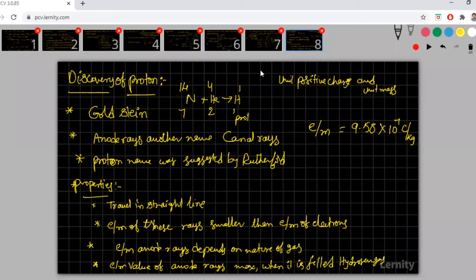Last time I gave one formula for the alpha particle: He 2 4 plus oxygen 8 17. This point is not mentioned in your book, so you have to write it clearly. So when nitrogen is bombarded with helium, a proton is generated. This bombardment was carried out by Rutherford.